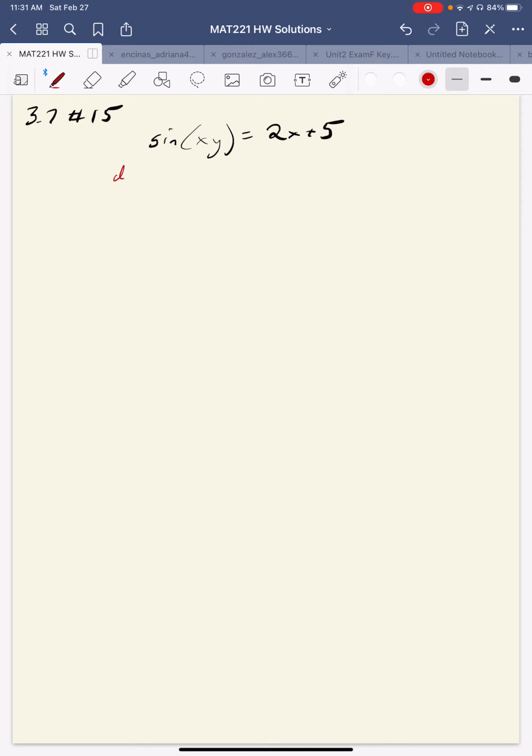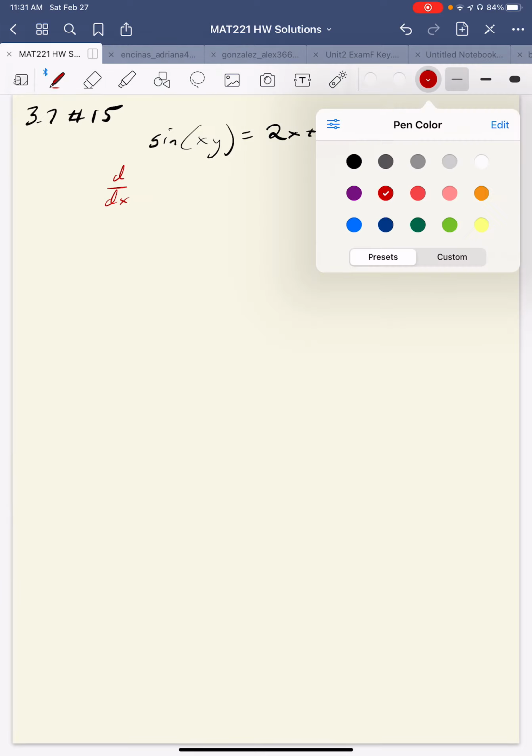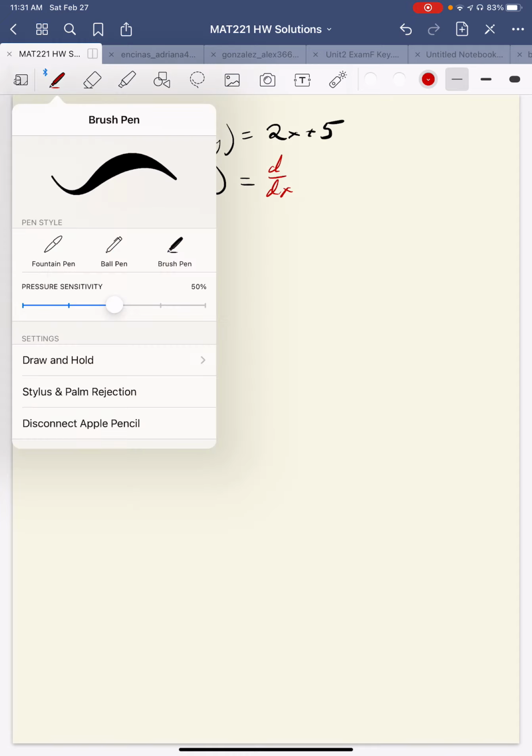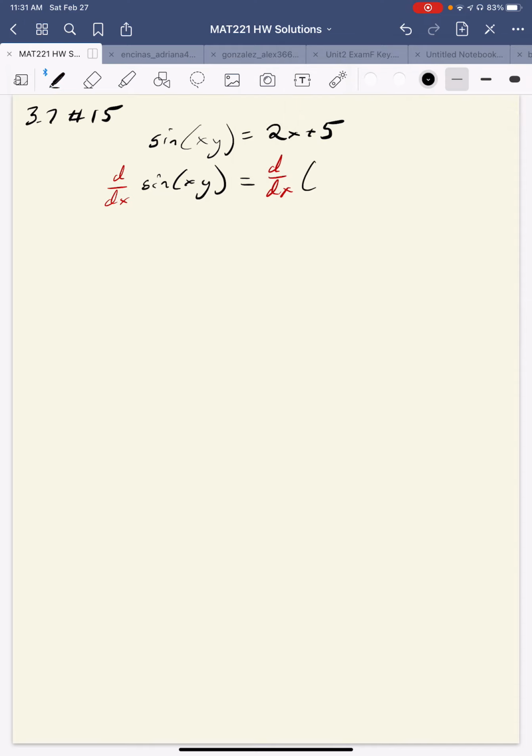So I'm going to take dx of the sine of xy, and that is equal to dx of 2x plus 5.